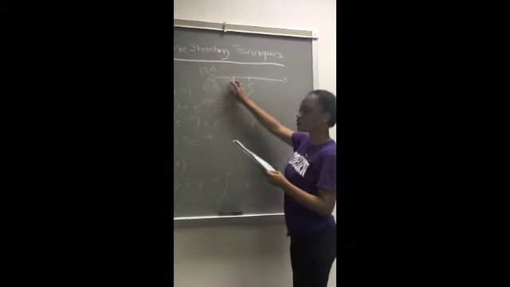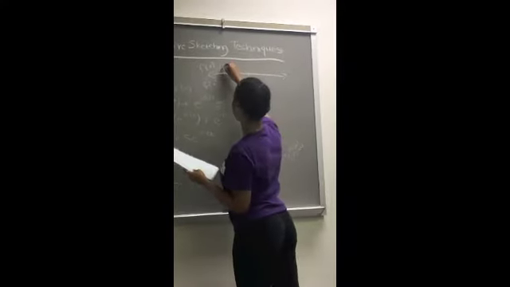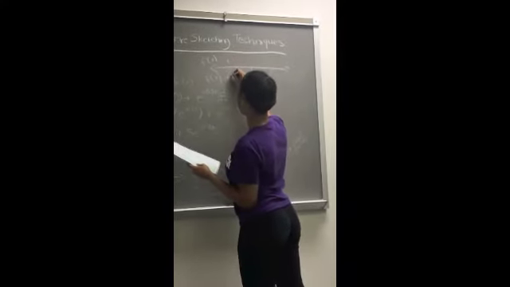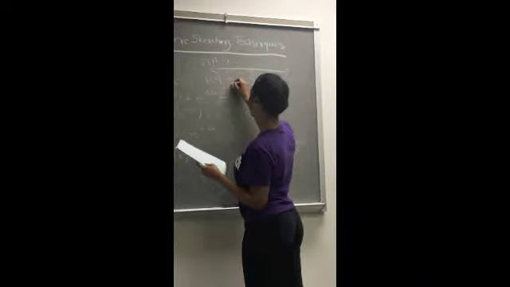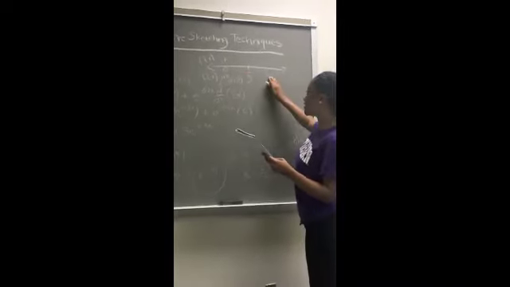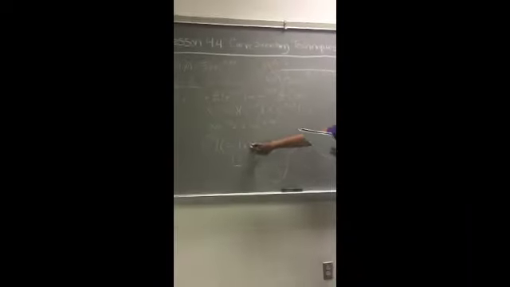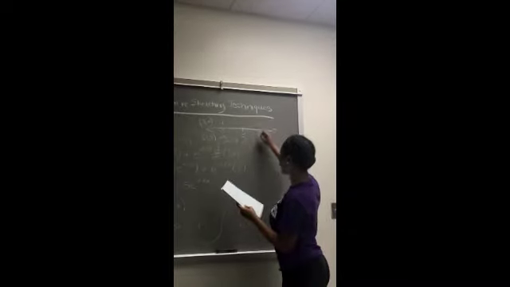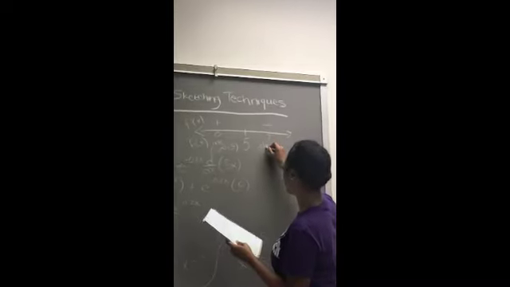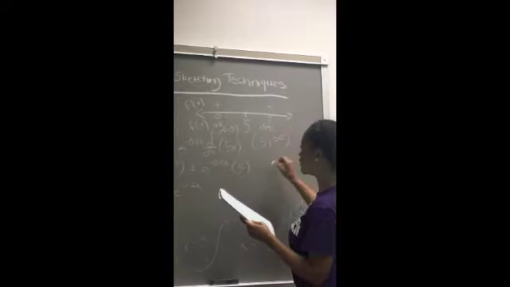Once you plug 0 into f prime of x, you get a positive number, which means it's increasing from negative infinity to 5. And once you plug in 7 to f prime of x, you get a negative number, which means it is decreasing from 5 to infinity.